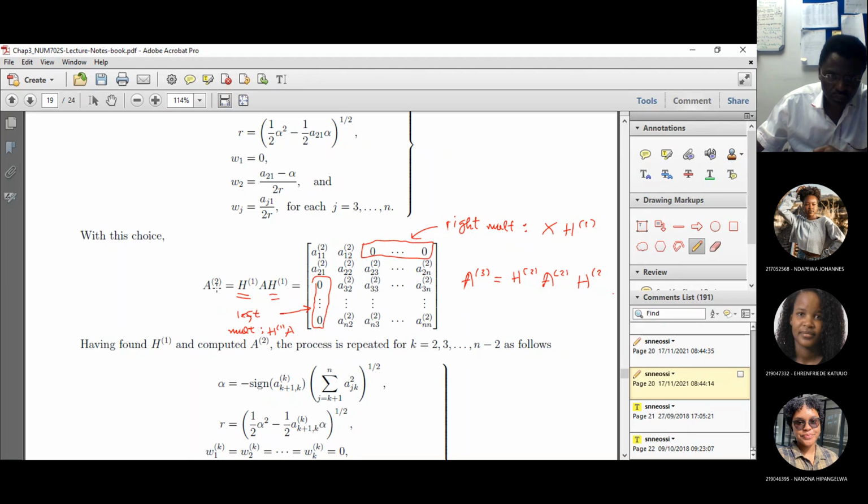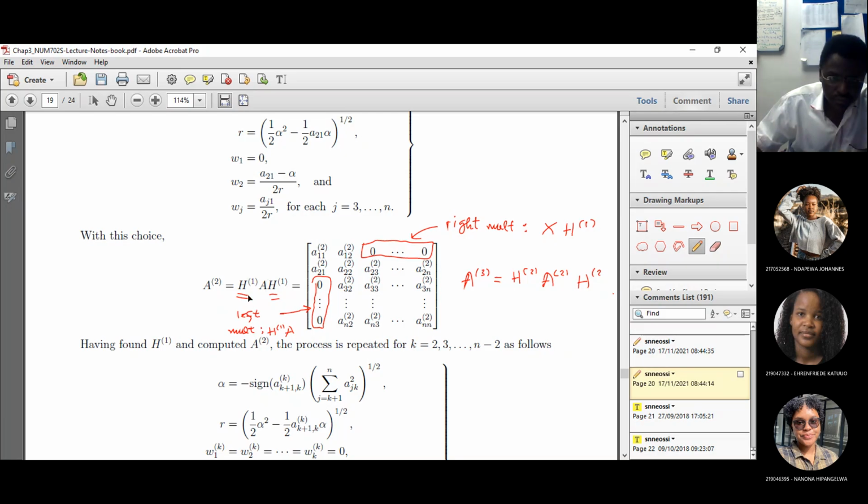Okay, so this is H1, and this is our original A. We assume that the original A is A1, right? In that case, we compute A2 and A3. So we have a total of 2.